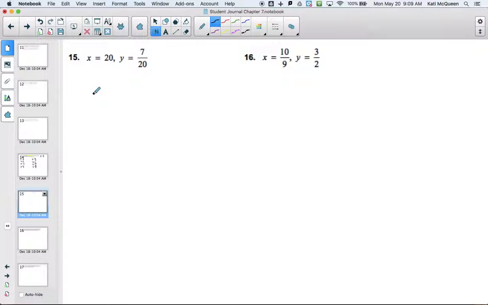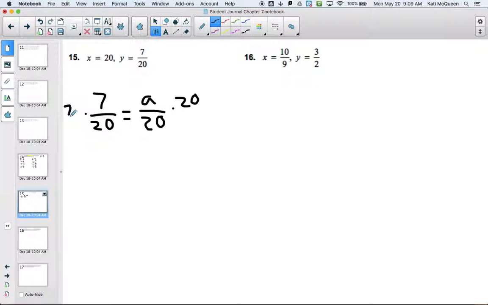Okay, so same idea. I've got some fractions here though. So y equals a over x, which is 20 here. So to get a by itself, I would have to multiply each side by 20.